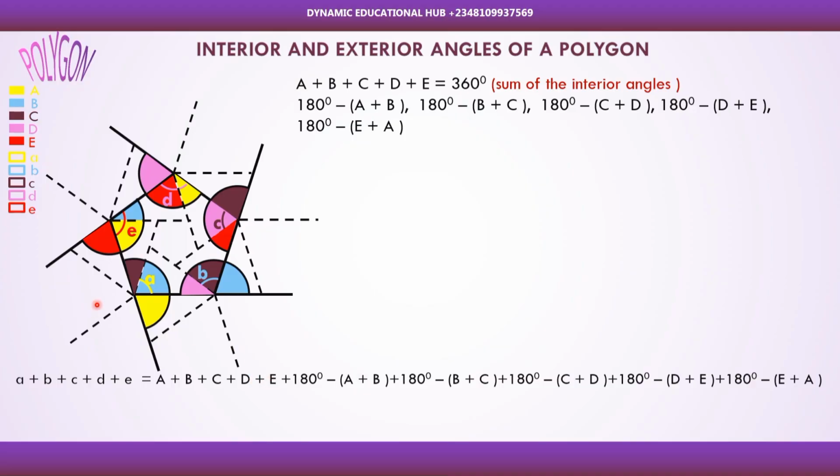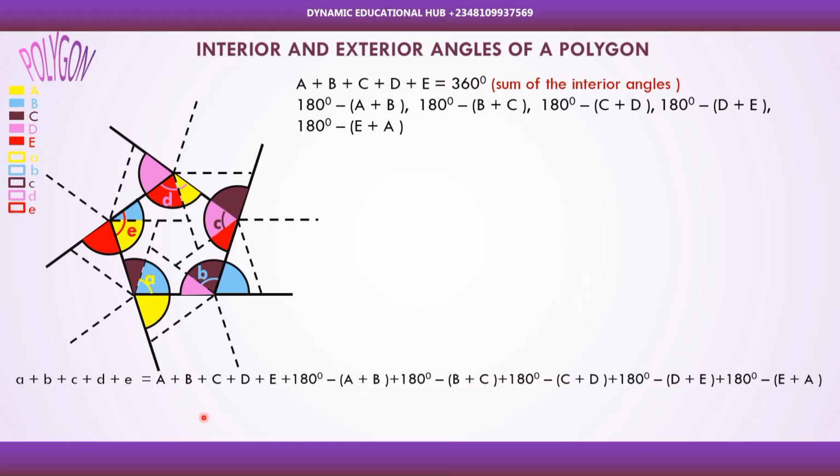Now, let's start with this small portion here. This small portion here is 180 minus A plus B. This small portion here, 180 minus B plus C. Here, 180 minus C plus D. Then we do that until we get 180 minus E plus A. So that is what we have here.